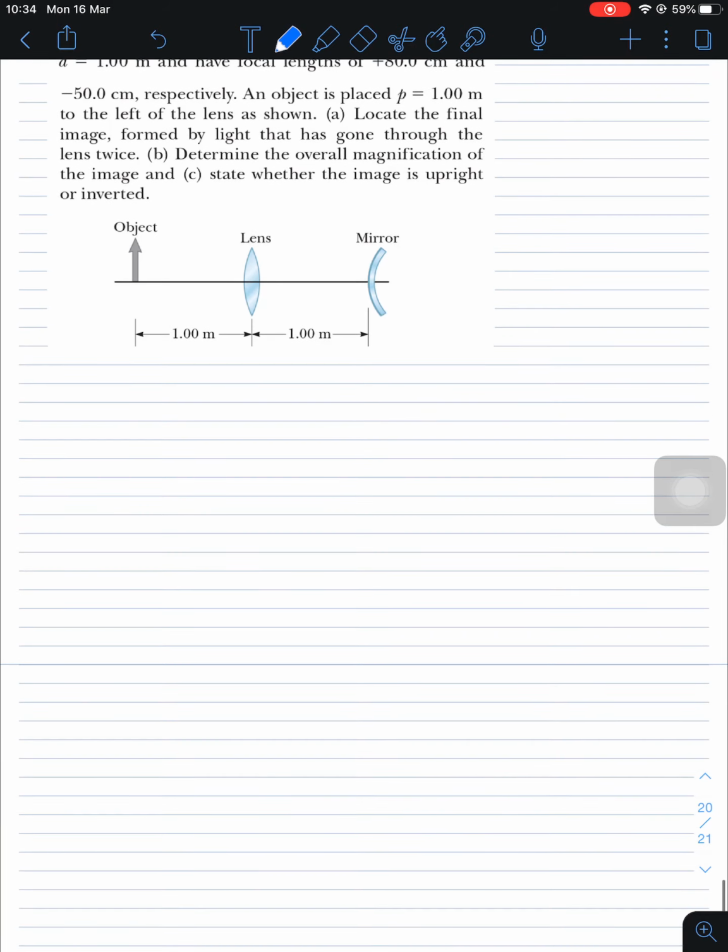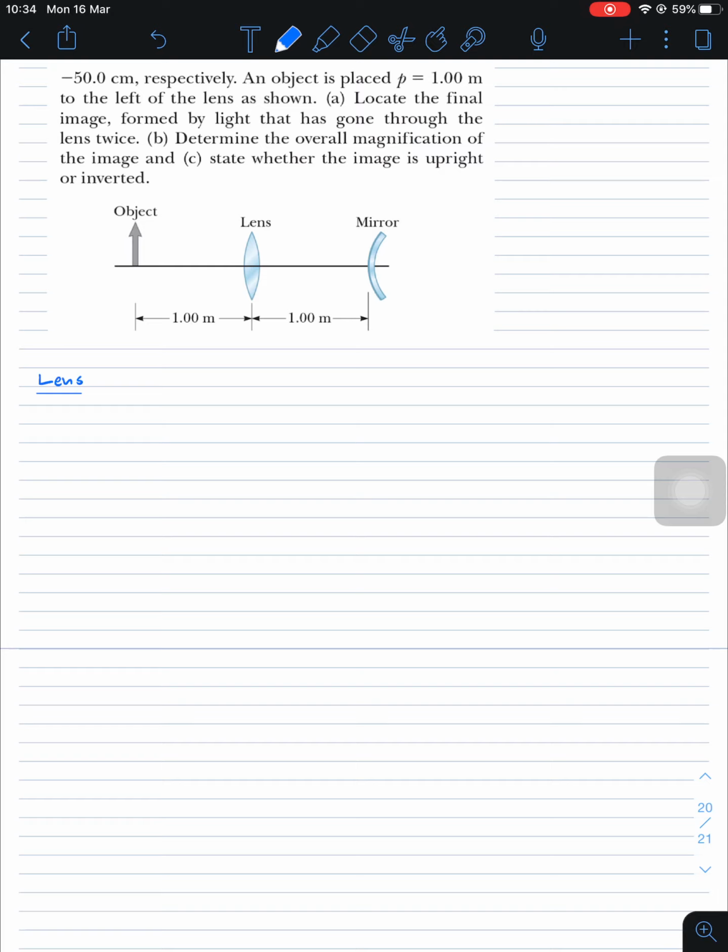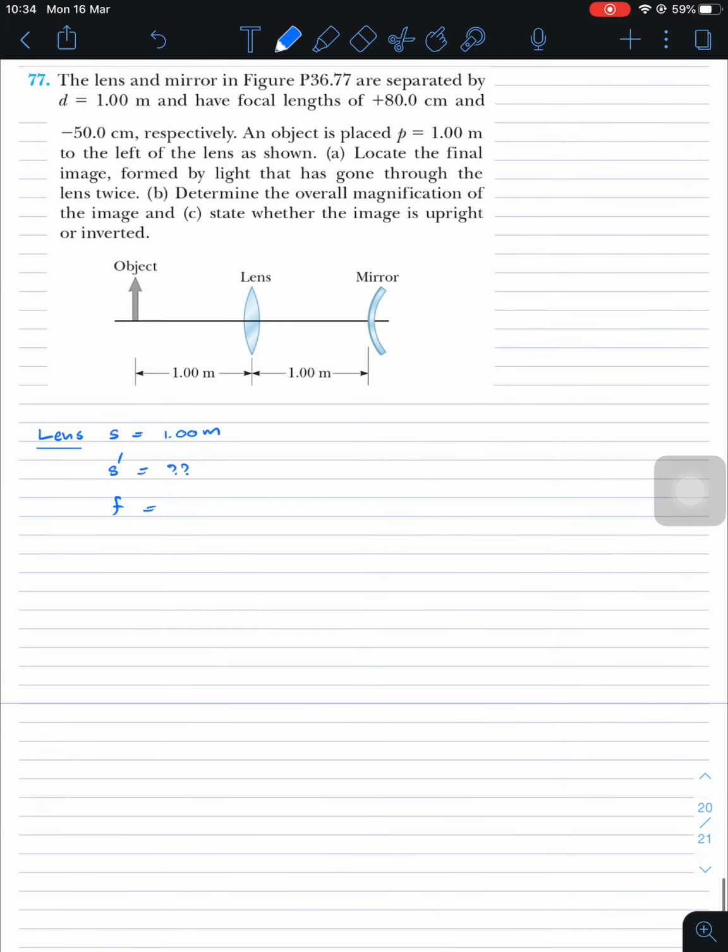Let's look at the lens the first time. We have S equal to 1.00 meter, the object distance, and we want to find S prime. The focal length of the converging lens is 80 centimeters, which is 0.800 meter. It must be positive, because for a converging lens we have positive f.